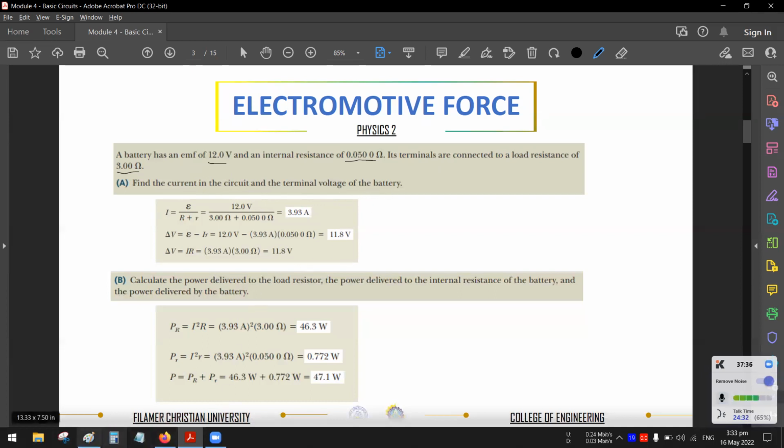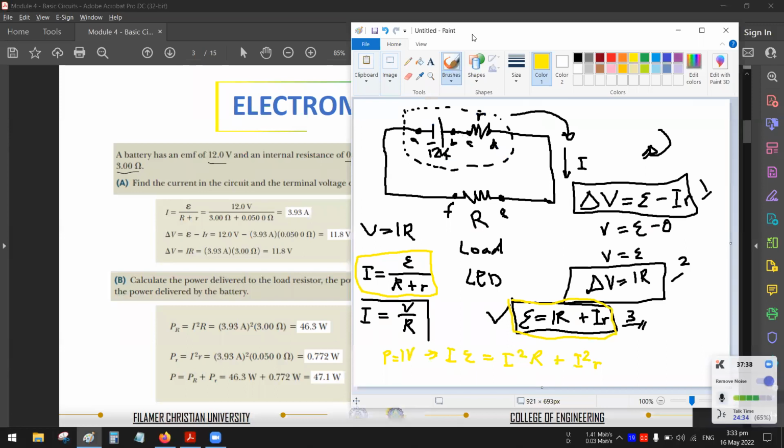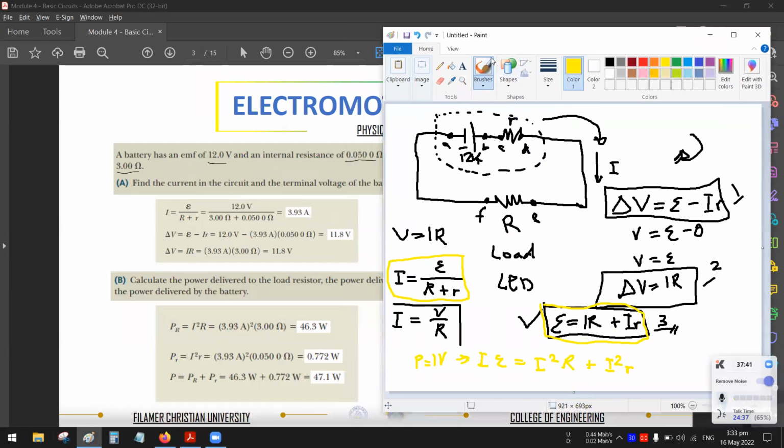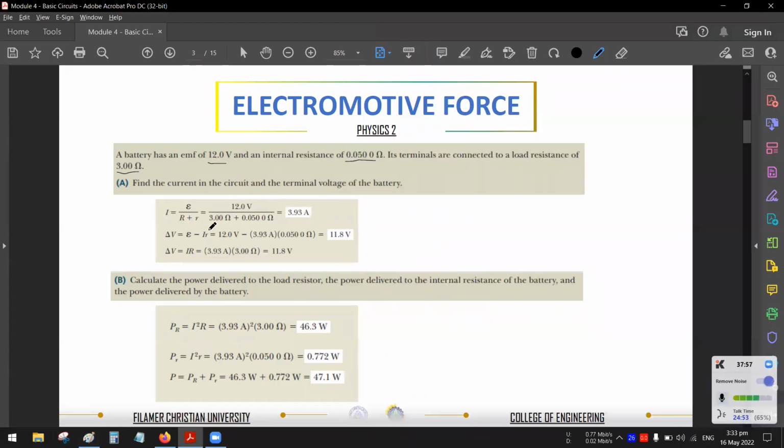Okay. So using our formulas here na ginamit, if we want to take the current, we can just use the electromotive force or EMF divided by R, the load resistance, plus the internal resistance. So that is 12 divided by 3 plus 0.05, or that is equal to 3.93 ampere. Okay, so therefore the current in the circuit has only 3.93 ampere.